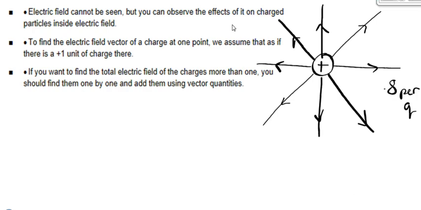Now, I have this electric field drawn. If I want to find out what the field is right here, what I do is I insert something called a positive test charge.